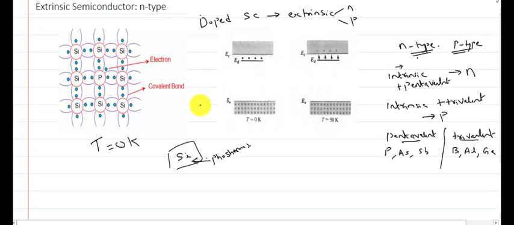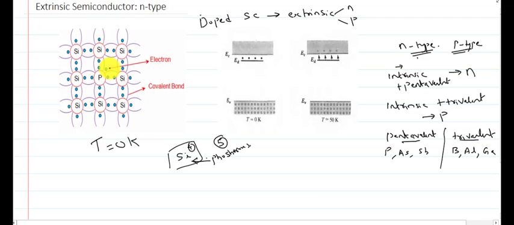Actually the valency of phosphorus is 5, and the valency of silicon is 4. So each silicon atom will form covalent bonds with the neighboring atoms. Here four of the valence electrons of phosphorus are shared with the neighboring silicon atoms.